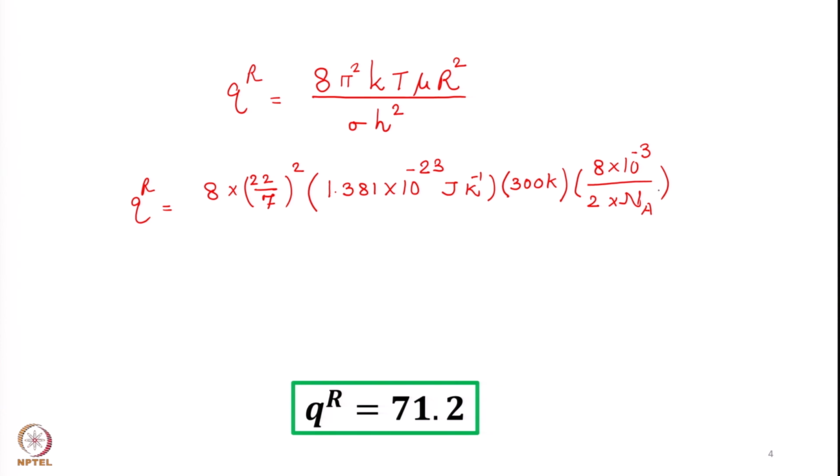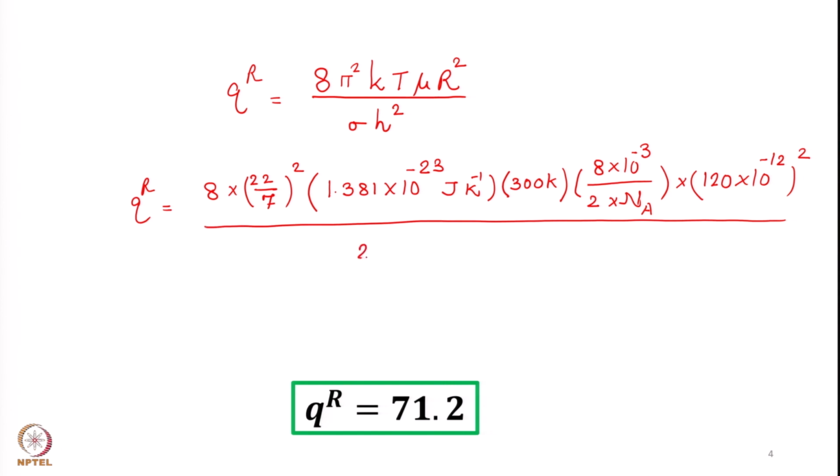And what you have now is r, 120 into 10 raised to the power minus 12, whole square, mu r square divided by sigma, which is 2, into h square, 6.626 into 10 raised to the power minus 34 joule second, square.